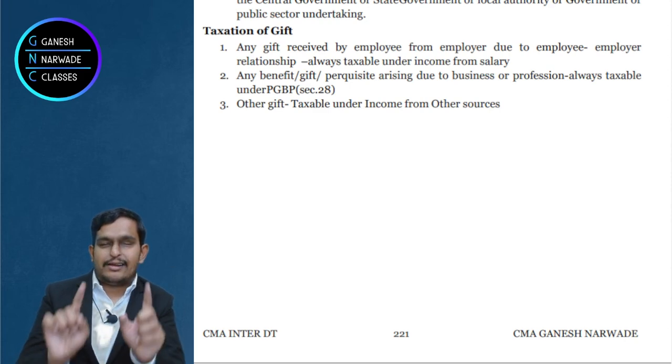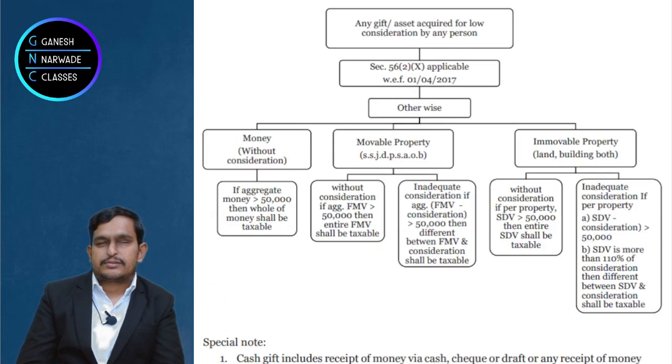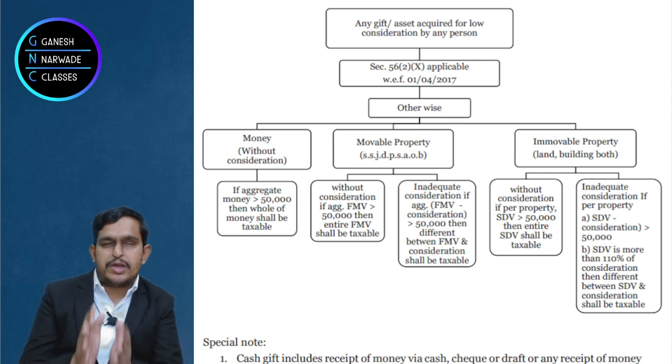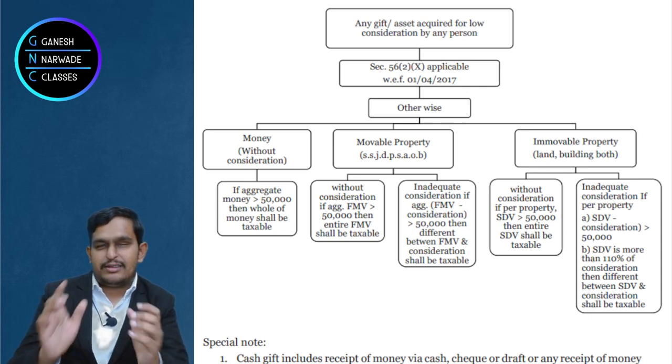Now come to the chart. See cash gift. What they said: if the cash gift received throughout the year, that is the financial year, from all the persons together, in aggregate we use the word, is more than 50,000 rupees, then the entire amount is taxable.